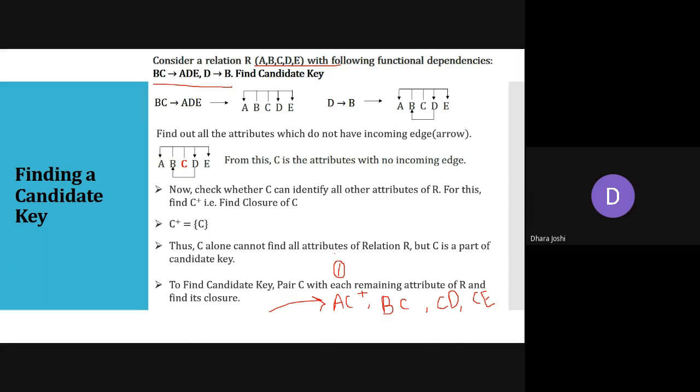Everyone knows how to identify the closure set of attributes. If you are finding AC plus, then A and C, these two attributes, must be a part of your result.